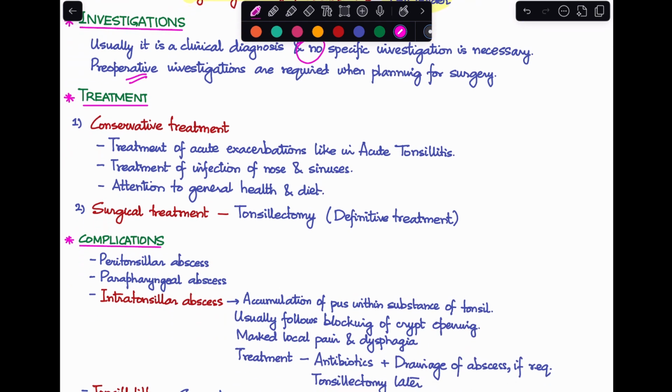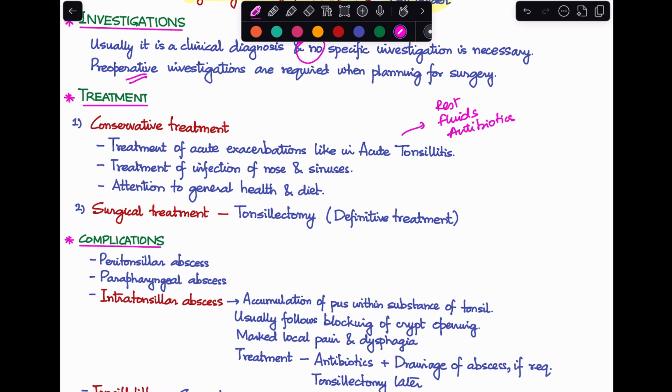Next, moving on to treatment. First of all, is conservative treatment. Whenever there is an acute exacerbation of the tonsillitis, you will treat the patient exactly like you do in case of acute tonsillitis, which would involve a lot of rest, a lot of fluids to be had, and you'll also start the patient on antibiotics.